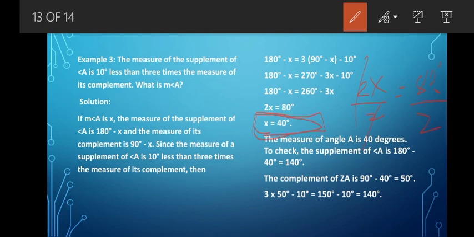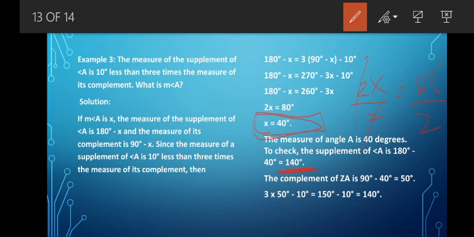Simply subtract 40 degrees from 180 degrees. 180 degrees minus 40 degrees is equal to 140 degrees. So, this is the supplement niya. Paano naman yung complement? Simply subtract from 90 degrees. 90 degrees minus 40 degrees equals 50 degrees.